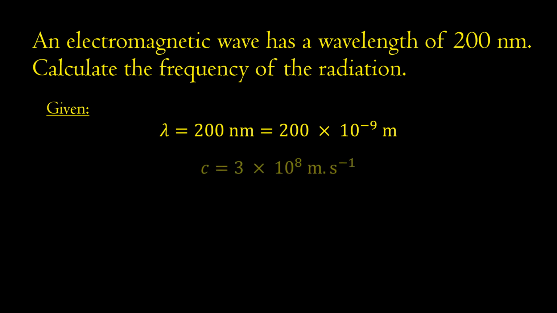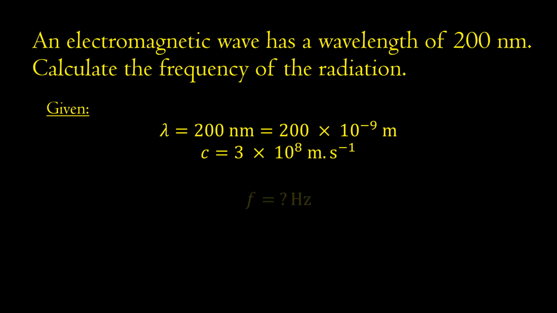We are not given necessarily the speed of the electromagnetic wave, but we know that electromagnetic waves in vacuum have the same speed, which is c equals 3 multiplied by 10 raised to the power of 8 meters per second.